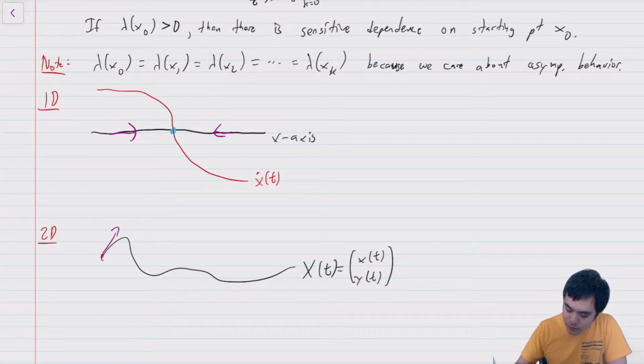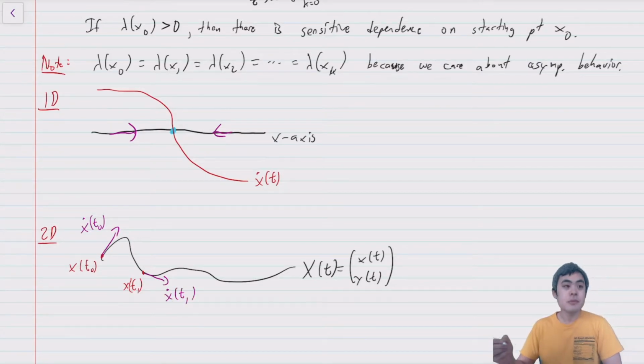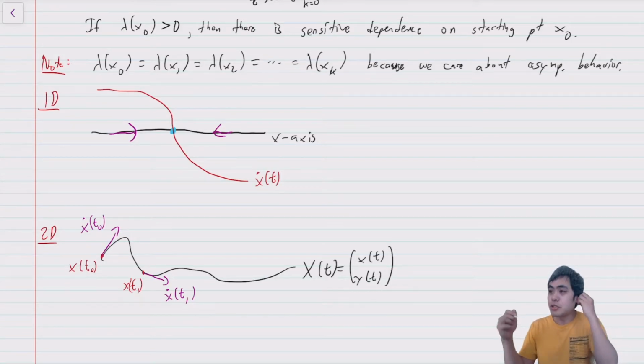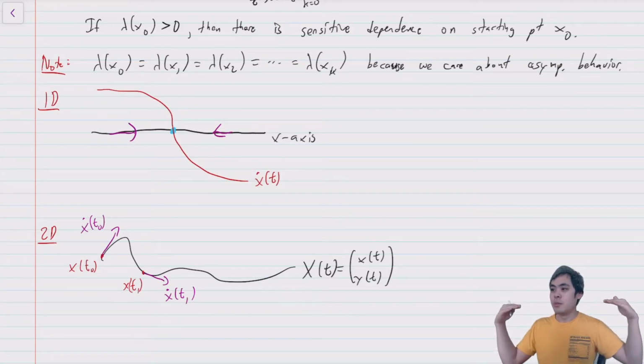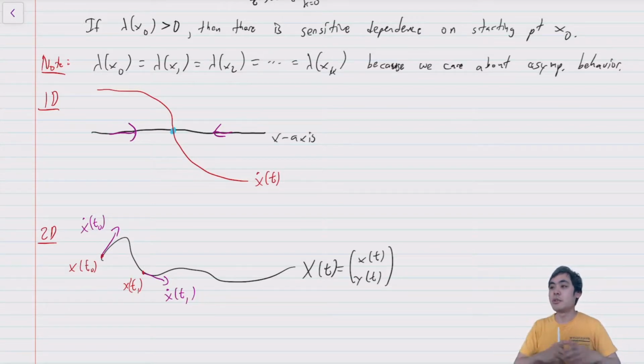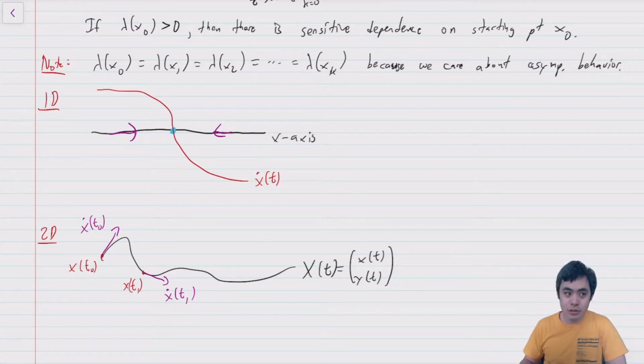So let's say this is x of t_0, and this is x dot of t_0, and so on. You might have some other point here, which is x of t_1, and that points in this direction, x dot of t_1, and so on. So it gets a bit harder because the derivatives don't just point left or right. They can point in any direction in 2D.